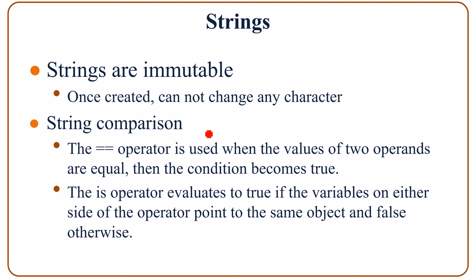Regarding string comparison, the double equal operator is used when you want to compare the values between the strings. However, when you need to compare if a string object is the same or different object in the memory, you use the is operator.